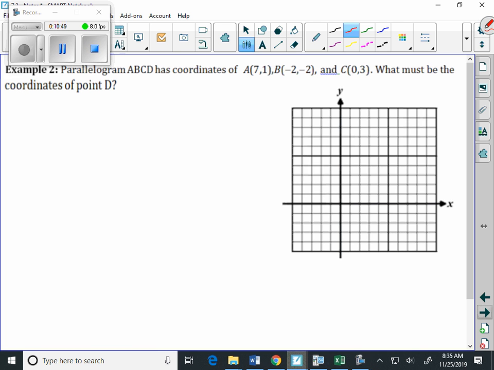Number 2, parallelogram ABCD has coordinates 7, 1, -2, -2, and 0, 3. And we need to find the coordinates of the fourth point. So we've got a couple choices. But let's start by graphing here, and we've got 7, 1.